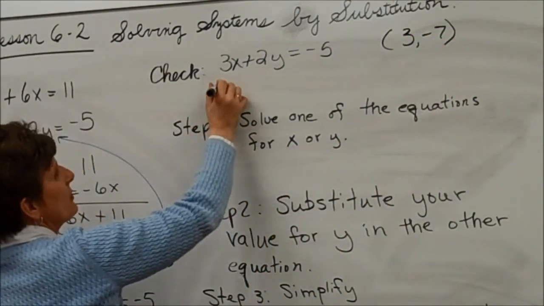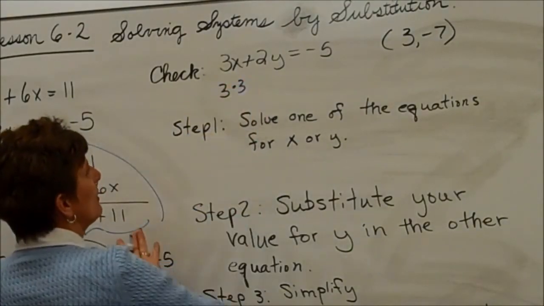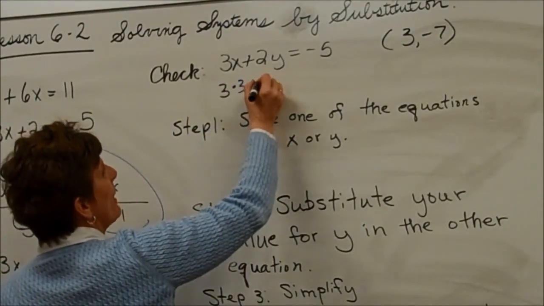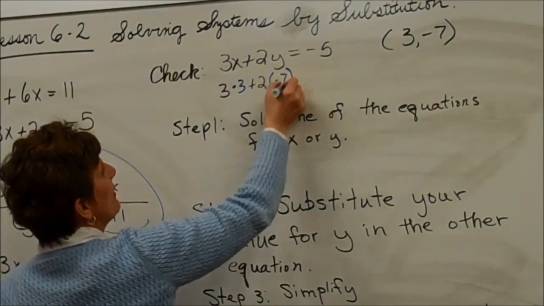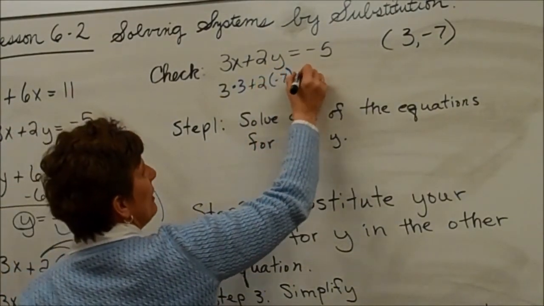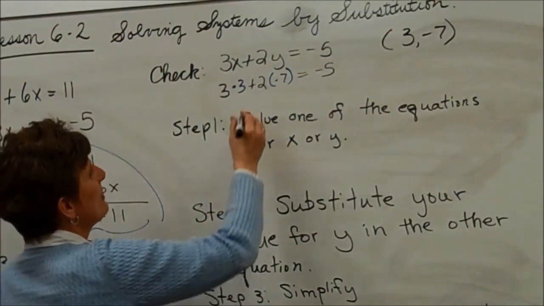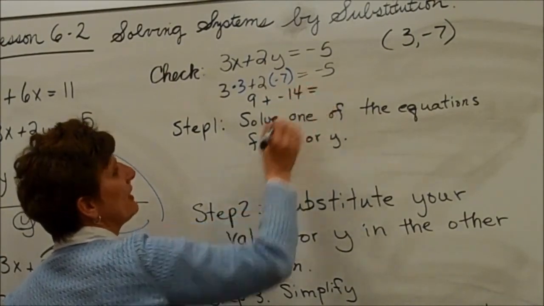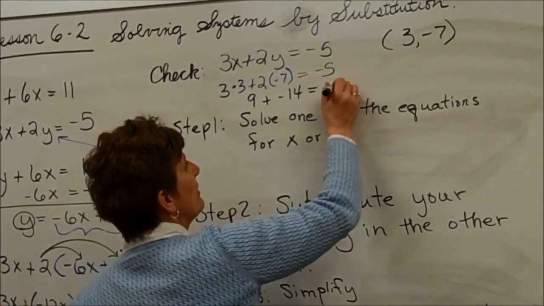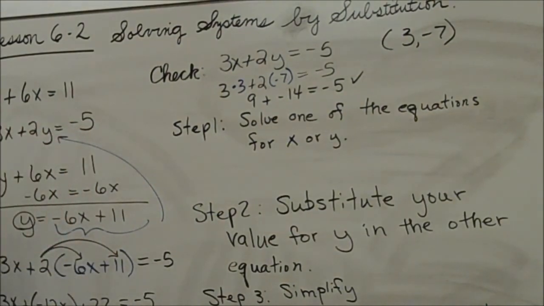So that becomes 3 times 3 plus 2 times -7 equals -5, and then I simplify. 9 plus -14, which does equal -5. My solution checks. I've done the math correctly. Now it's your turn.